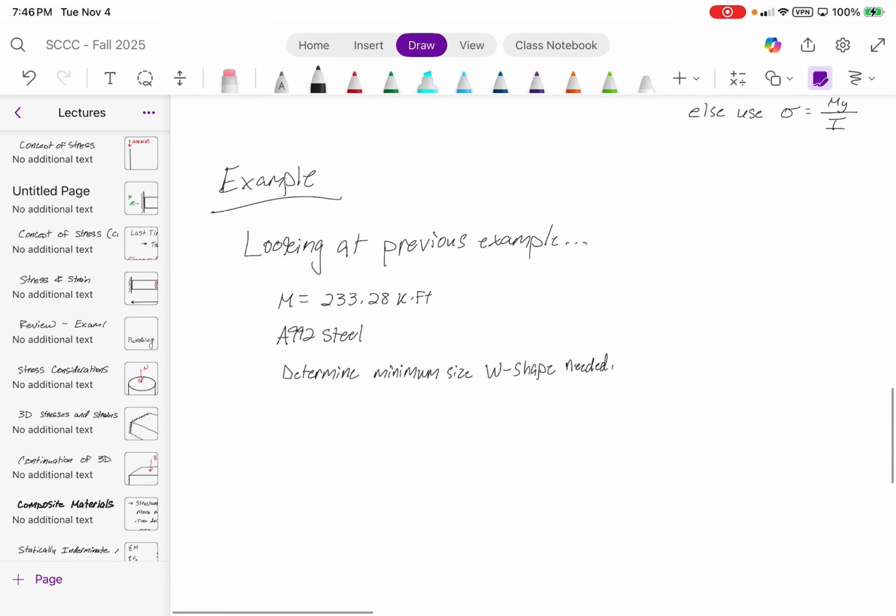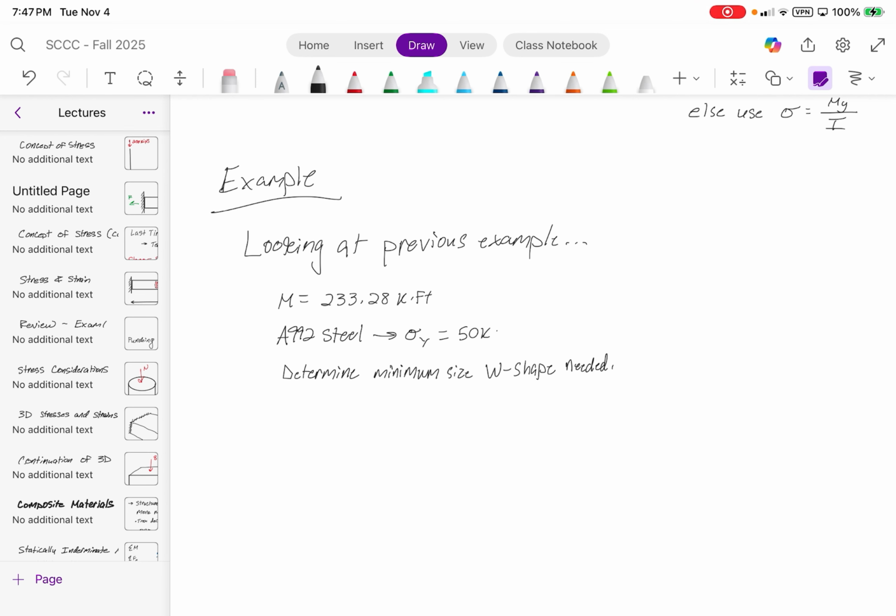So, what is the yield strength of A992 steel? That's what we need to know. Yes.